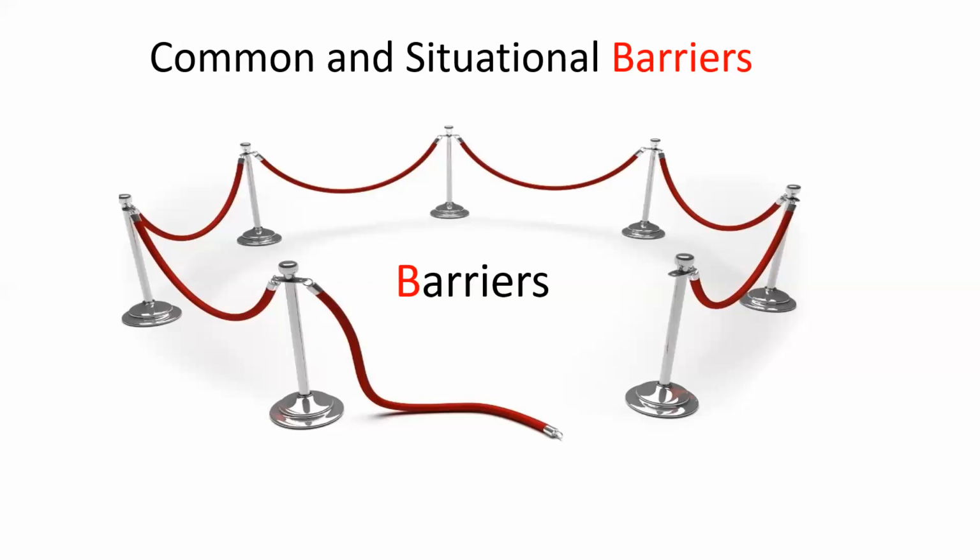And if we use the FAB structure, asking ourselves what common and situational fears they face, attitudes they have, beliefs they have, and barriers that they're facing, if we just use that structure to ask the right questions, we can begin to get a picture of what we can do to help our learners engage. All right. So that is step number 2 of the Core 4 framework.